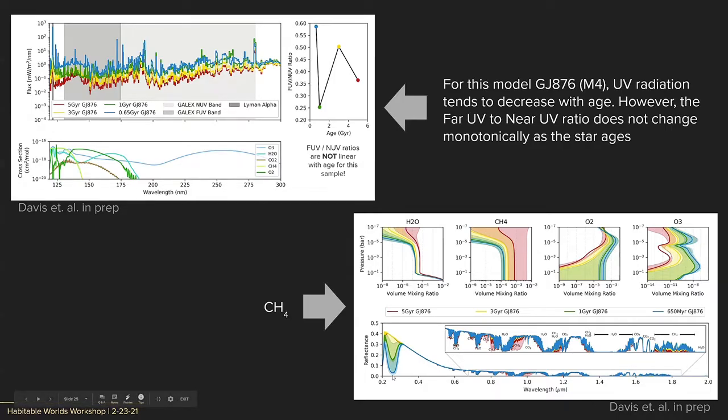This is the ozone 0.26 micron feature. And we can see that as the star ages, going from 650 million years in blue to 5 billion years in red, we are going from near saturation in the ozone feature to basically no ozone feature whatsoever once we hit about 3 billion years.